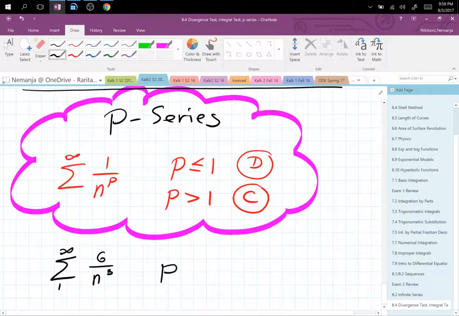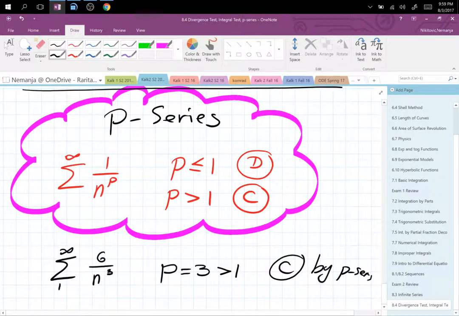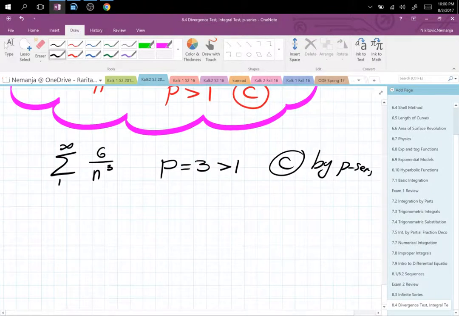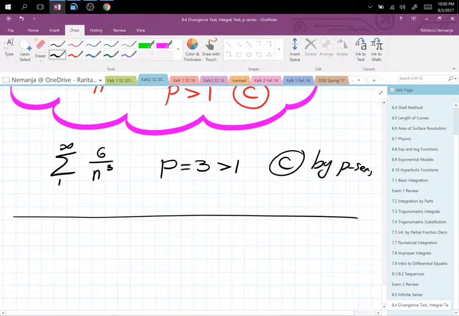Well, first write p equals 3, bigger than 1, converges by the P-series. Yeah, that's it. That's how you do P-series. Of course, it's math. Of course, it's fabulous. That's all I have to say on P-series.